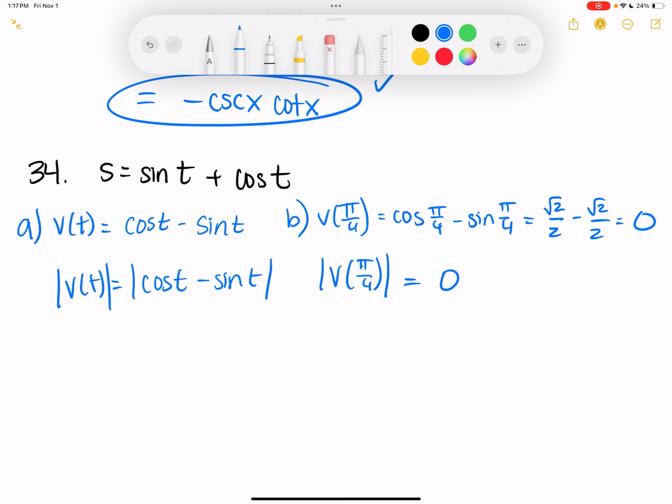How do I find acceleration? What is the acceleration equation? It would be negative sine of t minus cosine of t.